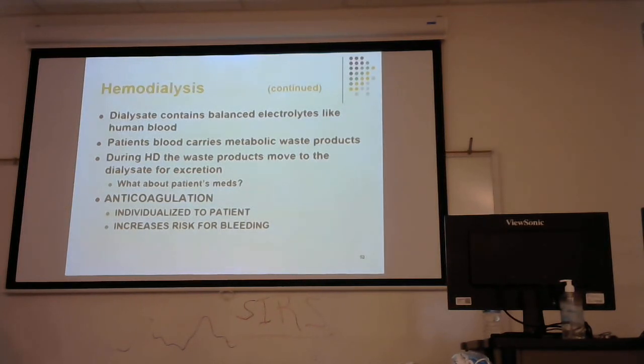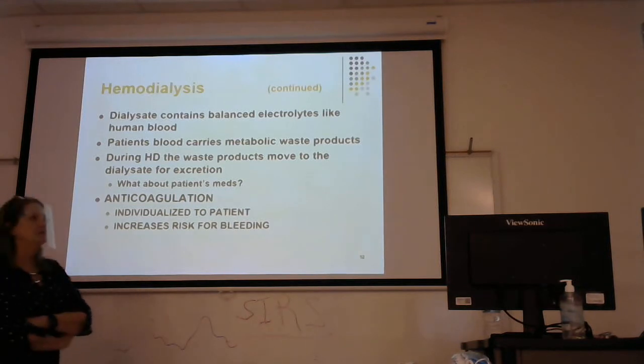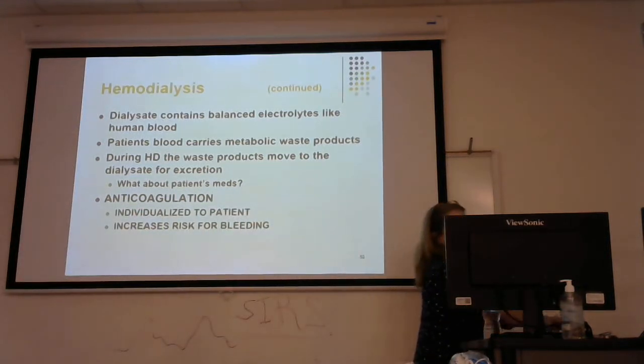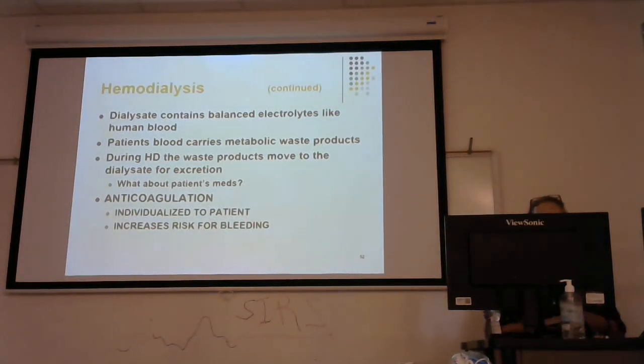So a lot of patients are anticoagulated, get heparin, because we don't want these things clotting. And the other thing is, I told you it wasn't sterile. As it can be warmed, it makes the diffusion go a little quicker.